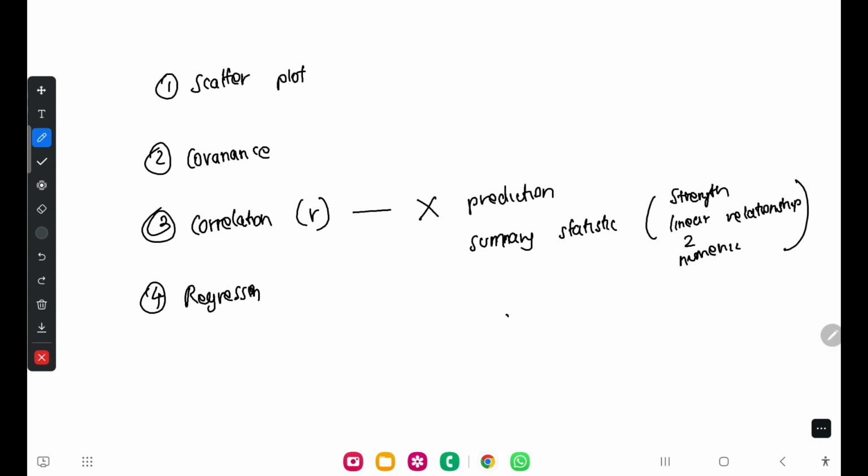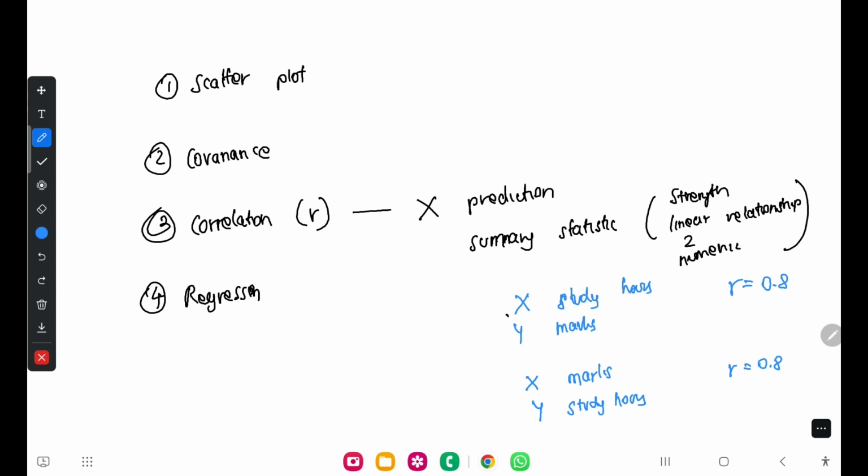If I take X as study hours and Y as my marks, my correlation R was equal to 0.8. Now let me interchange this. I am going to take marks as my X and study hours as my Y. Still you'll get the same correlation coefficient.